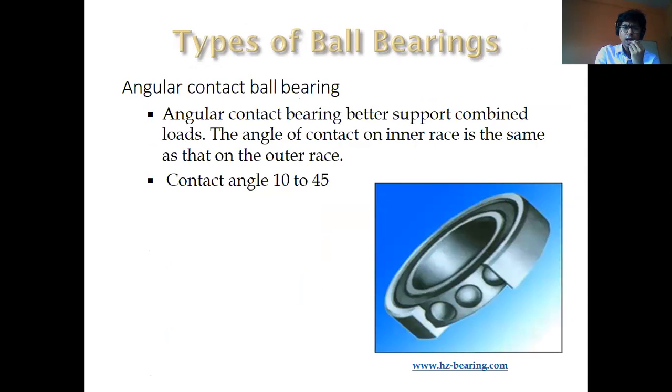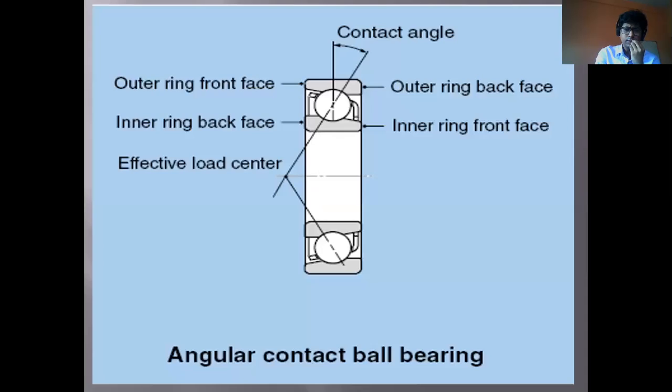Next is angular contact bearing. Here, in this figure, you will find that the outer race and inner race both are placed at a certain angle. They are not in a horizontal position. In some cases this kind of ball bearing is also used.